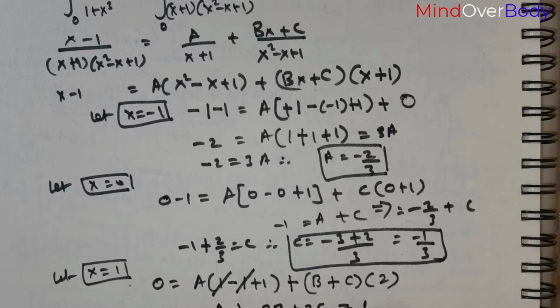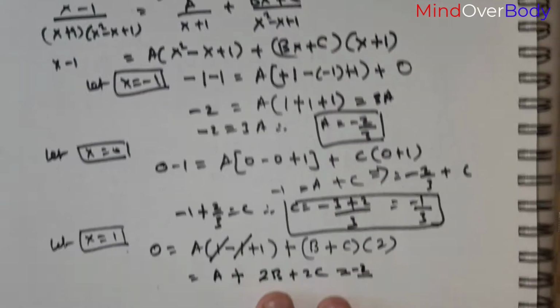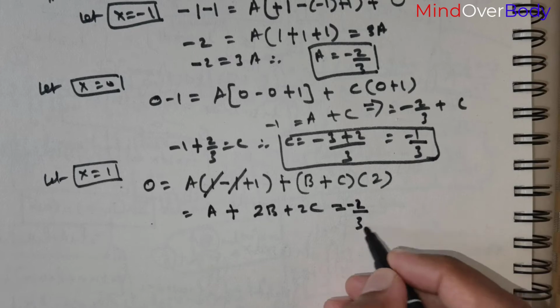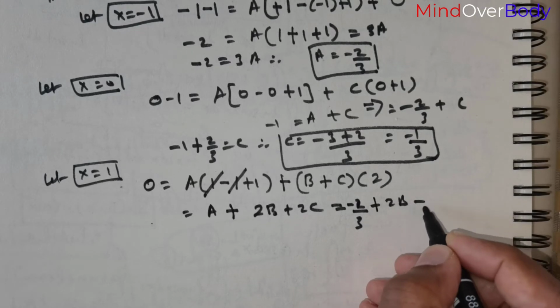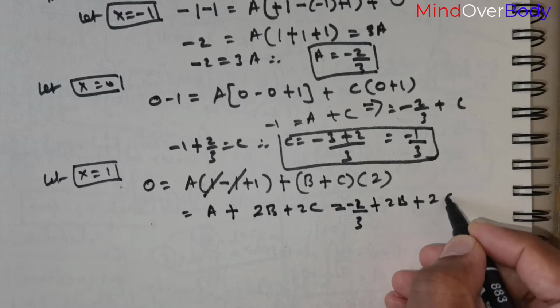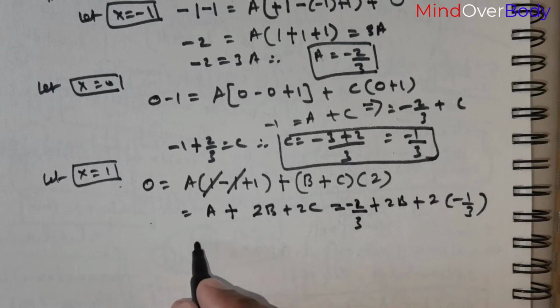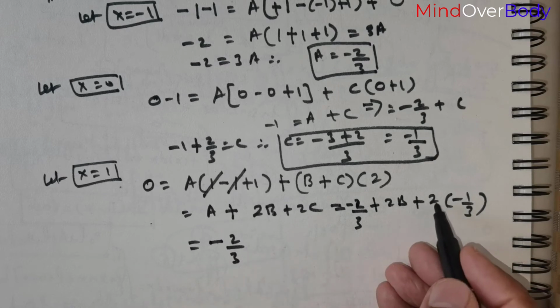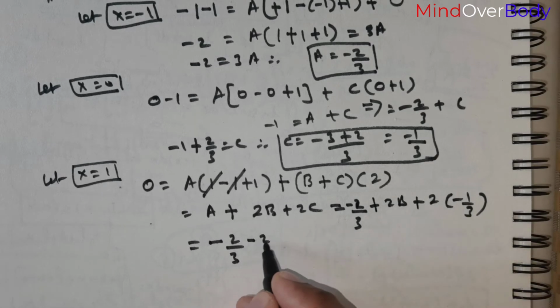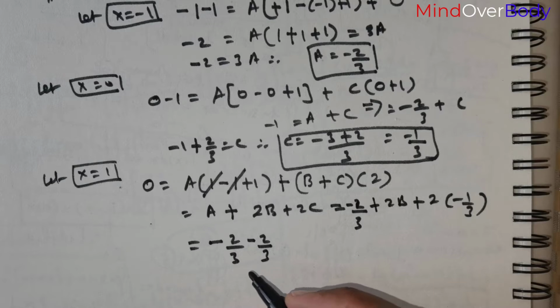But the value of A is negative 2 over 3, followed by 2 times B followed by 2 times C is negative 1 over 3. So this is going to be negative 2 over 3. This is going to be negative 2 over 3.